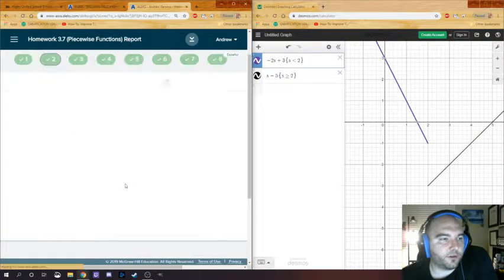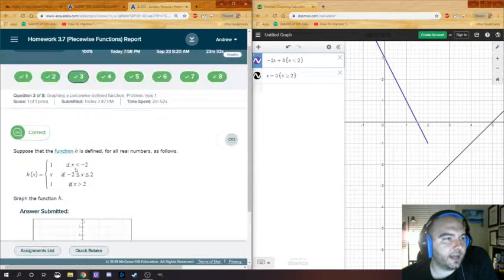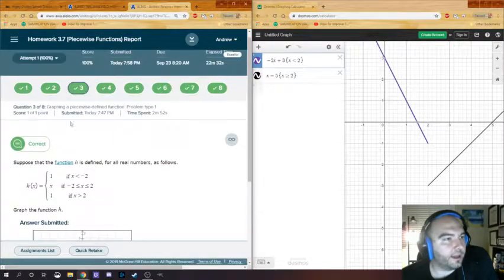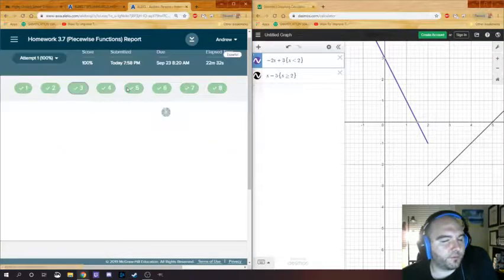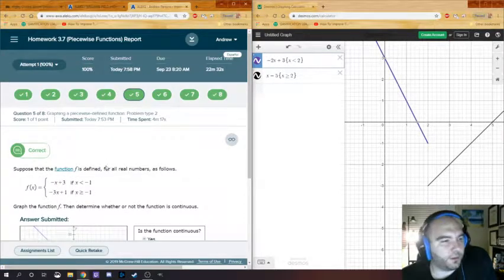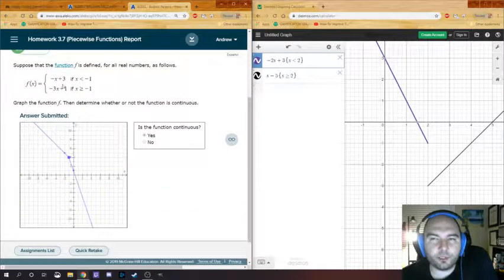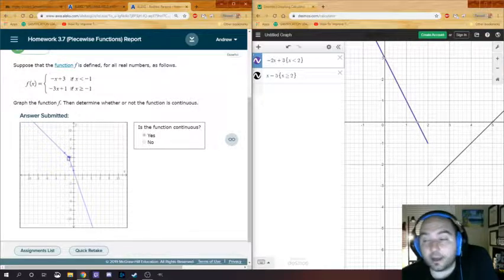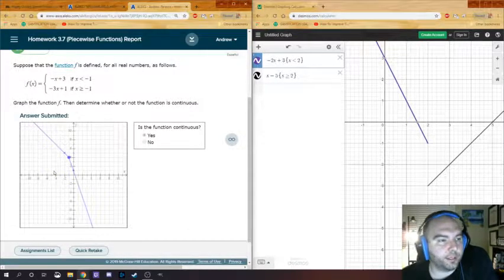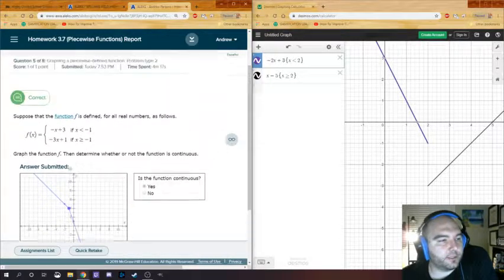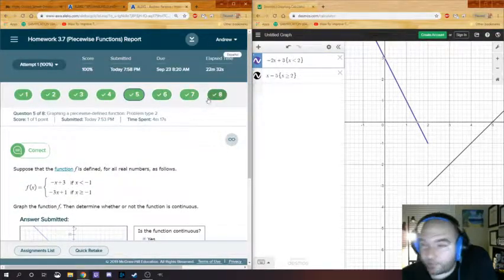We had a piecewise function that was a couple of rays and a diagonal line. So we made that. Problem number 4 was more of a line with a jumping point. Then we had some where we had 2 different rules that seemed to connect. They don't have to, but if they do, it's called continuous. All 4 of mine were continuous. So that was nice. And that's pretty much what happened from 5 through 8.